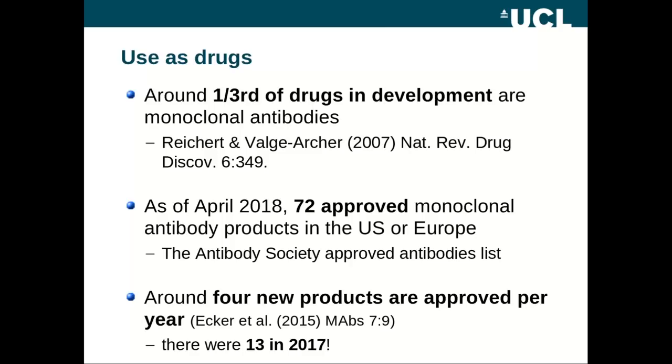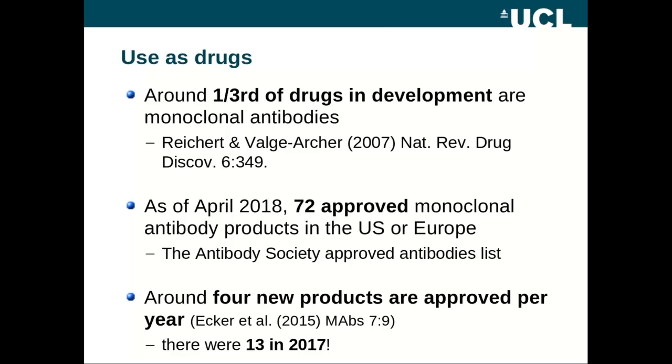As I said early on, around a third of drugs in development are monoclonal antibodies, or based on monoclonal antibodies. This number comes from a review in 2007, so it's over 10 years old now, but those numbers are still probably about right.